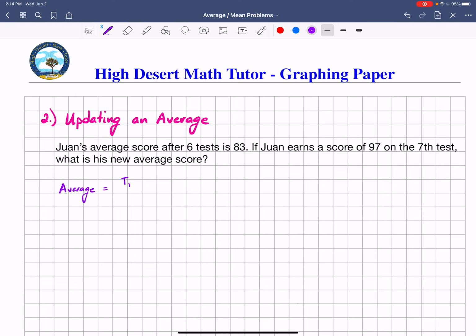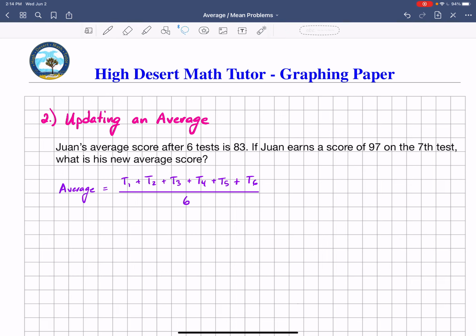So we have test 1 plus test 2 plus test 3 plus test 4 plus test 5 plus test 6. After we add up those 6 test scores, we need to divide by the number of tests. And there were 6 tests, so we divide by 6.